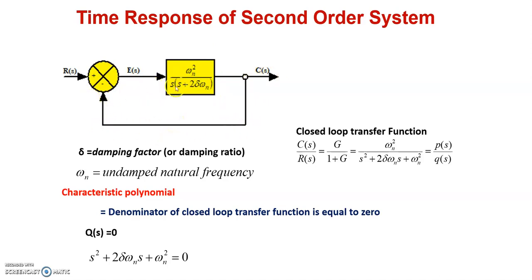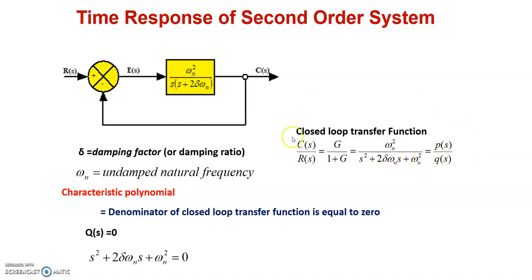So C of s by R of s is G of s by 1 plus G of s, because with unity feedback H of s is equal to 1. That gives omega n square divided by s square plus 2 zeta omega n s plus omega n square.